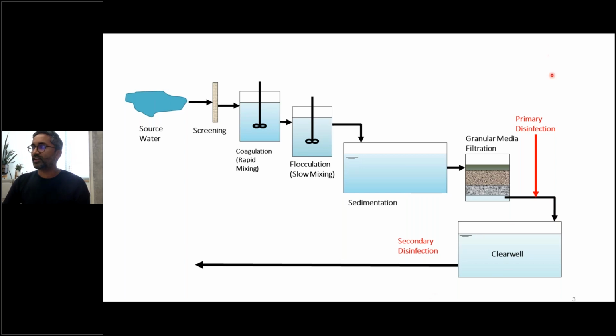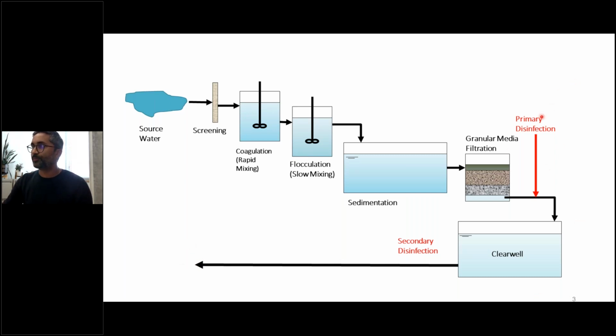And if you look at this, I've got disinfection as primary disinfection, and then I've got another disinfection here called secondary disinfection. And in the middle between these two is the clear well. You might call that a contact basin or a contact tank. It's a place that your water can be stored after it's been disinfected and before it gets distributed to people's homes.